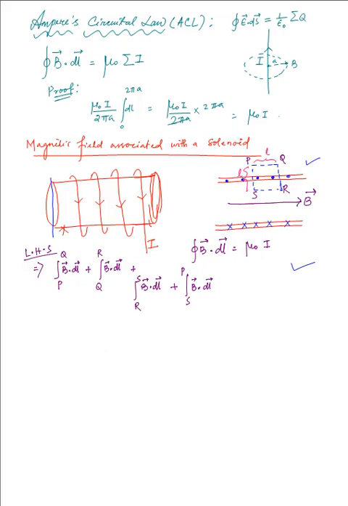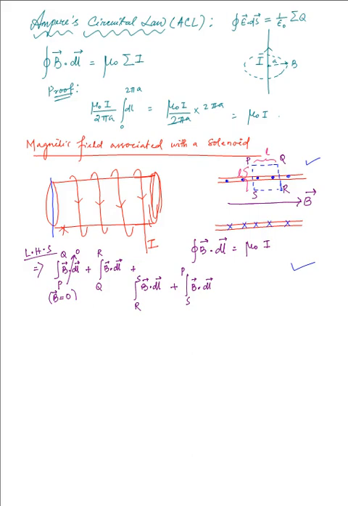Now for P to Q, it lies along the direction of the magnetic field, but the magnetic field is inside the solenoidal arrangement. Outside that, the magnetic field is zero. So this entire term is going to be zero, because PQ, as you can notice, is lying outside the solenoidal arrangement.